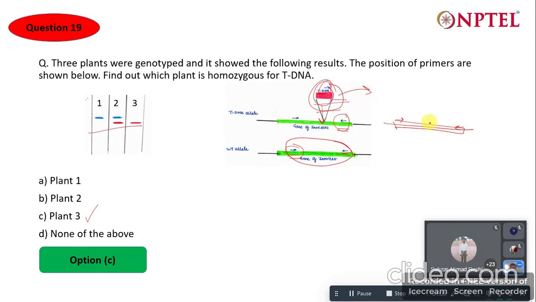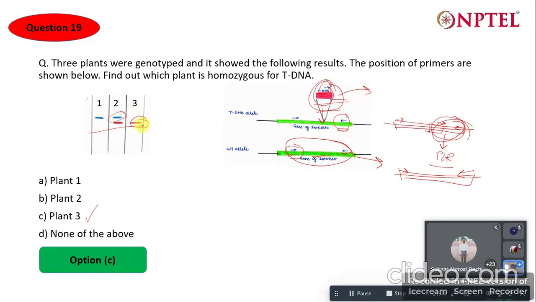Here the tDNA has been inserted, so the tDNA specific primer will bind here, and this will give a PCR product, shown in the red band here. And if we consider this, no tDNA is present, so it will give a longer PCR product as compared to this one. That is why there is a band above that.